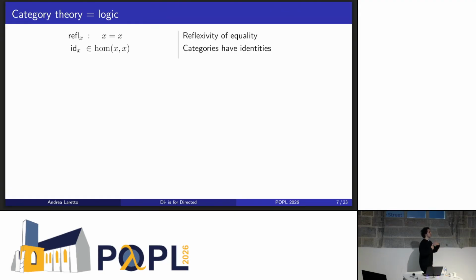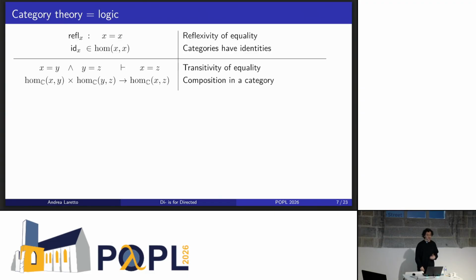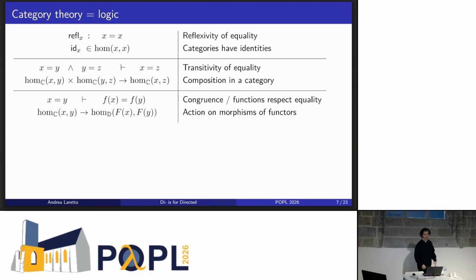So how does this analogy continue? This connects category theory and logic. Well, reflexivity of equality should just be the fact that categories have identities. And transitivity of equality is the fact that in categories, well, you know, you have composition, right? The fact that for any function f, which now is a functor, the equality is always respected, is represented by the fact that functors have an action on morphisms.